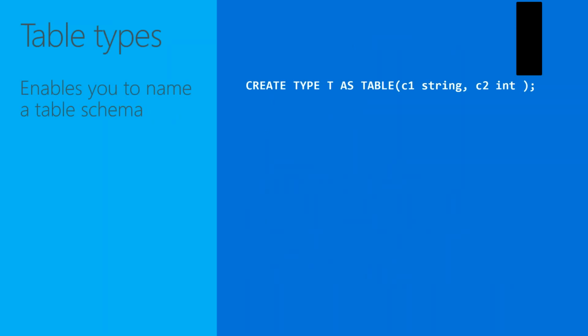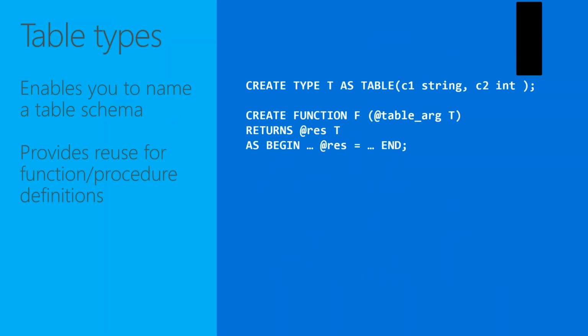Now, table types are a way of enabling me to name a table schema. So I use create type t as table and then give my row information. It can be used, for example, for reuse in function and procedure definitions. So in this example, I have a create function f that just refers to the table-typed argument of type t.